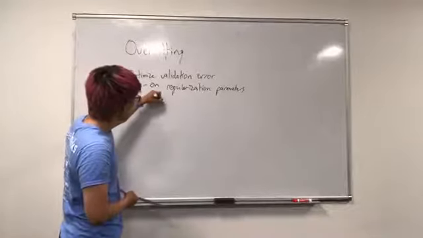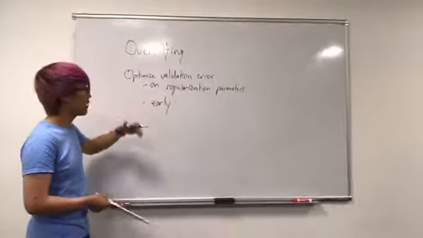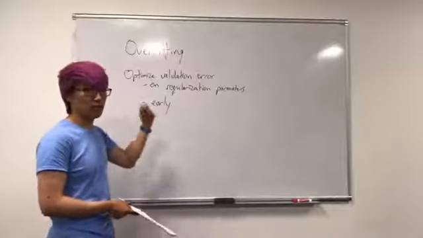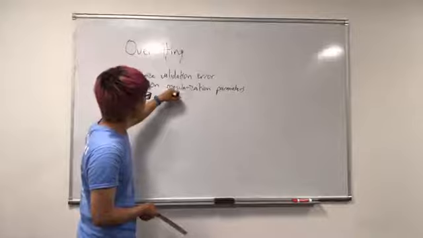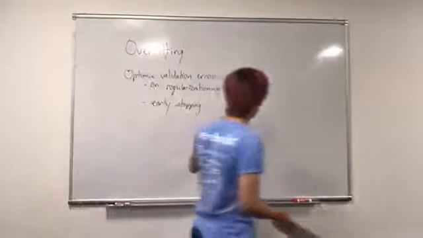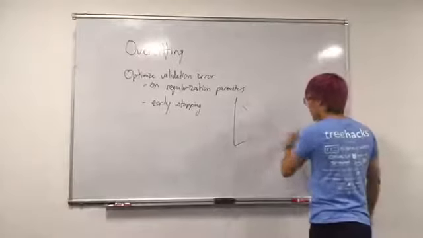So you monitor the loss that happens on your validation error between every epoch, and you stop after it hits a maximum or after it stops improving. And what that would look like is, this is our loss curve, and this is our training loss.